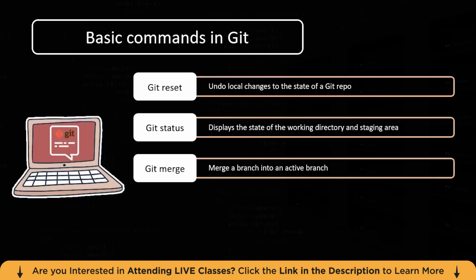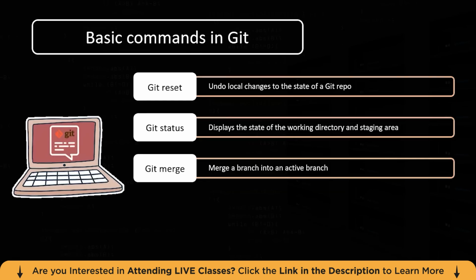Right, the next thing is git merge. Git merge is a very specific command which is used to move the changes from one branch to another. At any moment, if you are working on some other branch, like a develop branch or some other feature branch, and you want to move the changes from this feature branch to the master branch, you don't have to redo all the commits in the master branch.